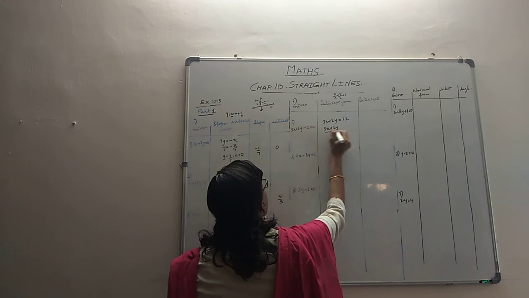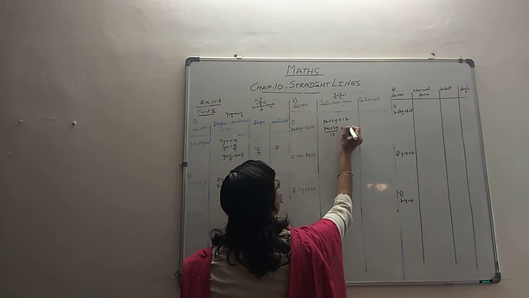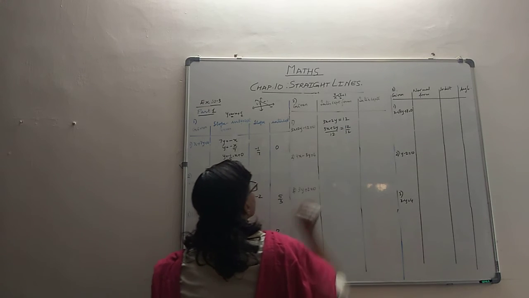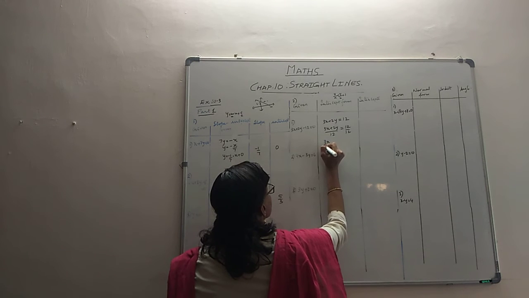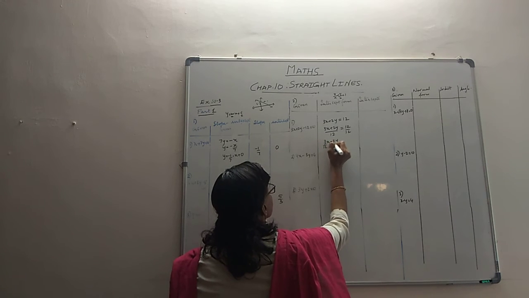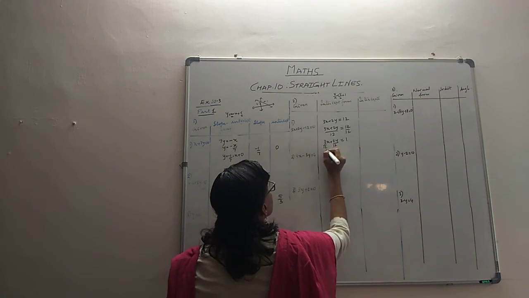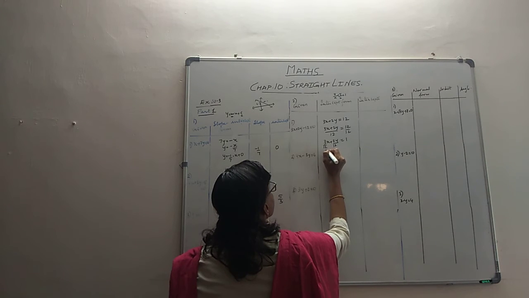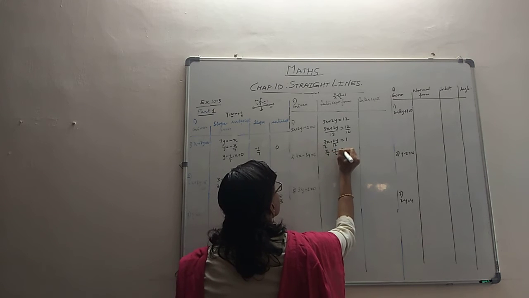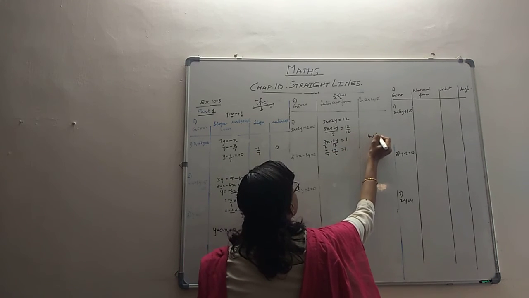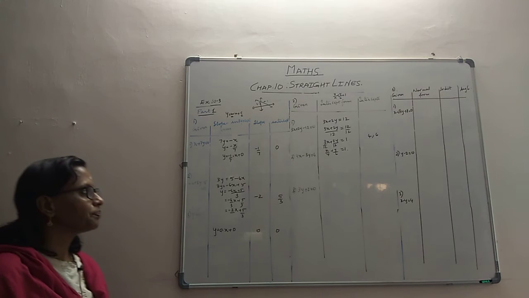Why? Because we want 1 there. That's how we reach it. We want 1 there, so we divide by 12 on both sides. When we do it on both sides you don't change the value, so that's allowed. That's 1. So that means it is x by 4 and y by 6 equal to 1. So that will give you the intercepts as 4 and 6.